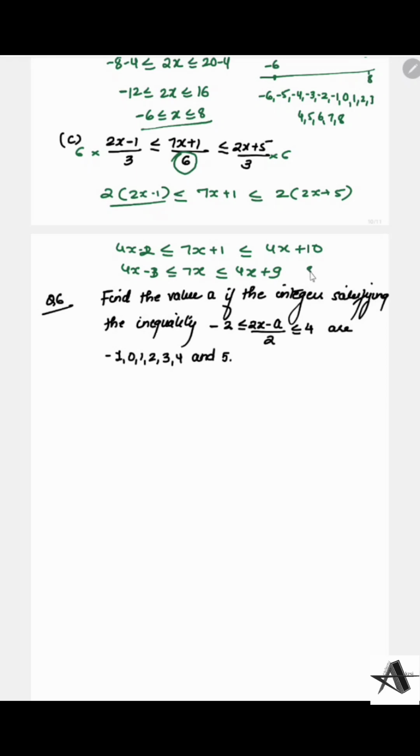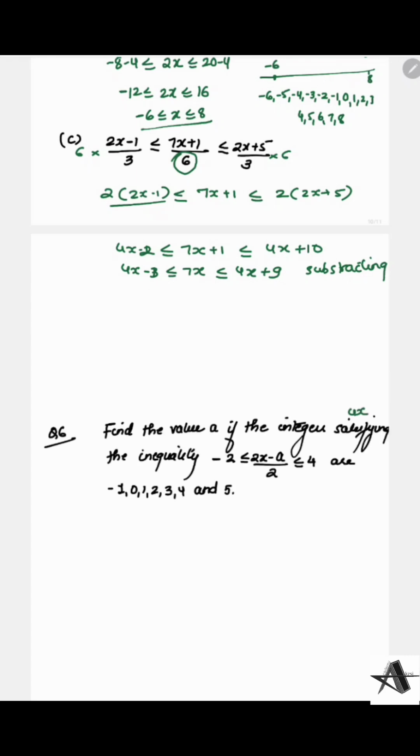So subtracting 4x from all sides. And this will be minus 3 less than or equal to 3x, because you have subtracted 4x, and less than or equal to 9.